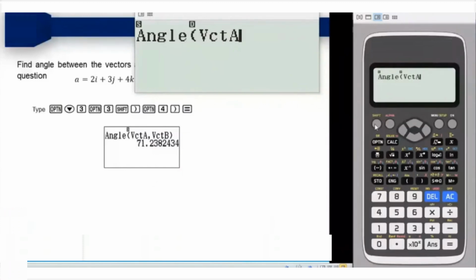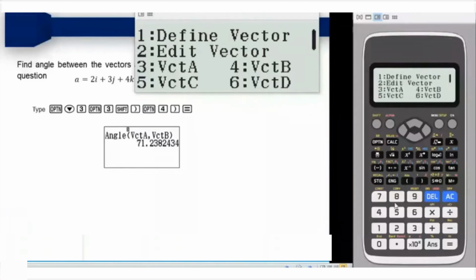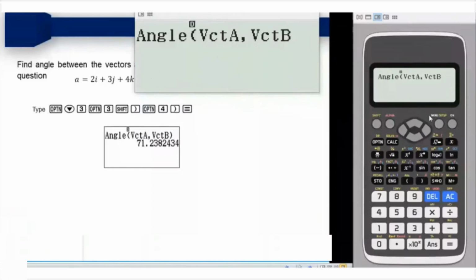Comma is shift and bracket close. If you realize, the comma button is in yellow, so shift and bracket will give you this comma, and then you press option and you press 4. So the calculator is telling you to find the angle between vector A and vector B, you have to close the bracket, and when you press equals, you will get the angle between vector A and vector B.